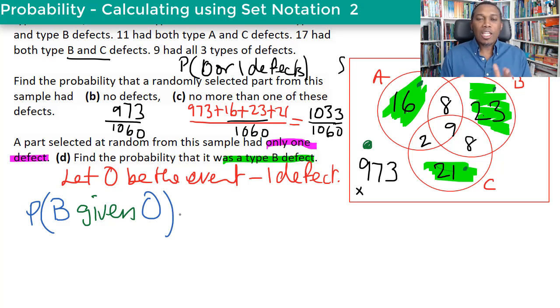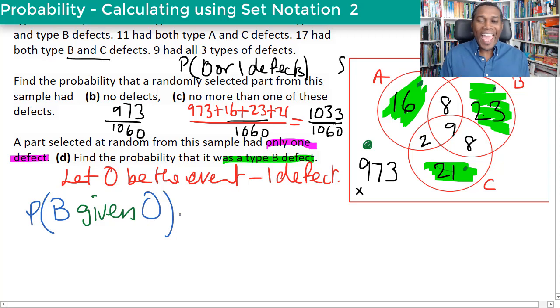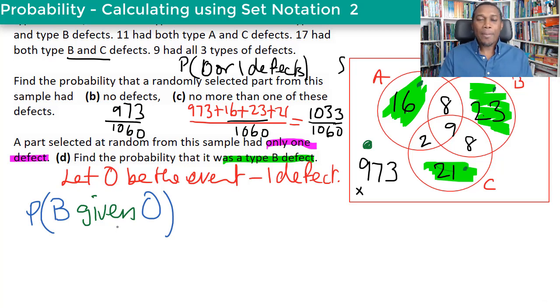So the condition, the limiting factor, is that it has to be from O. Now, in probability, we don't use the word given. We say condition. What's the condition? I want to get a type B defect, given that it has one defect.